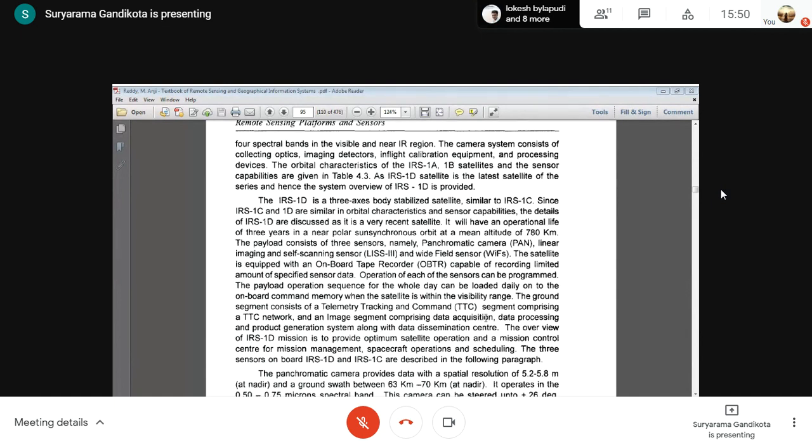The payload consists of three sensors, namely the panchromatic camera, linear imaging self-scanning sensor, and wide field sensor.